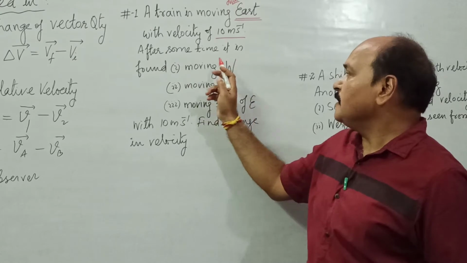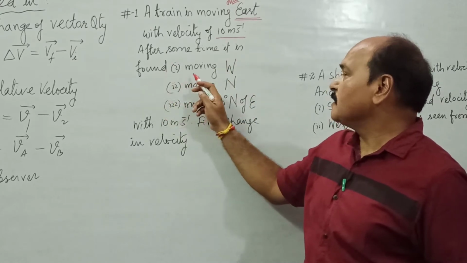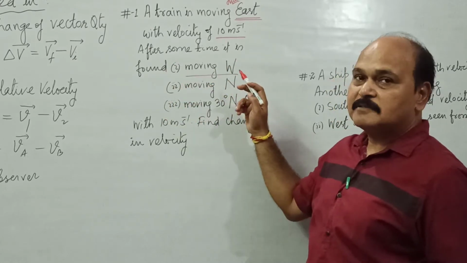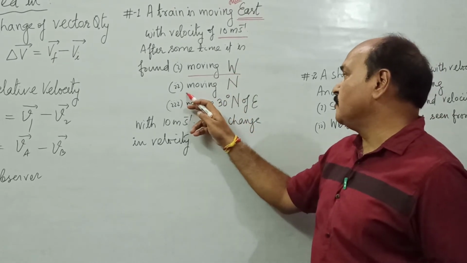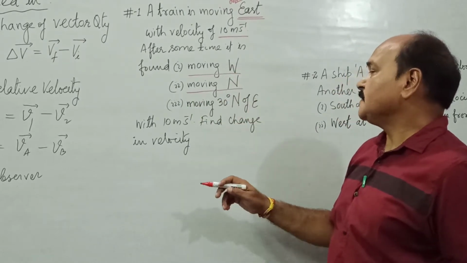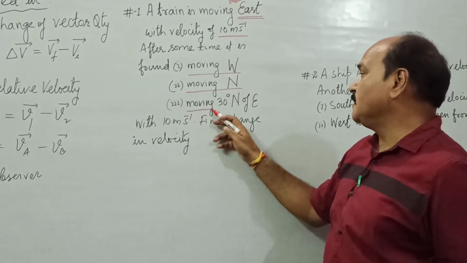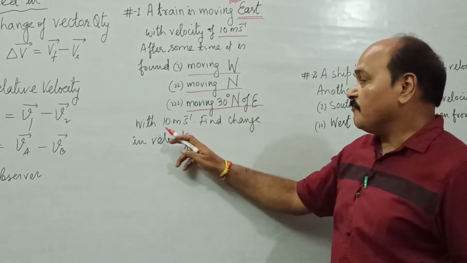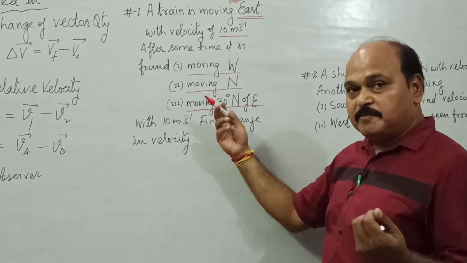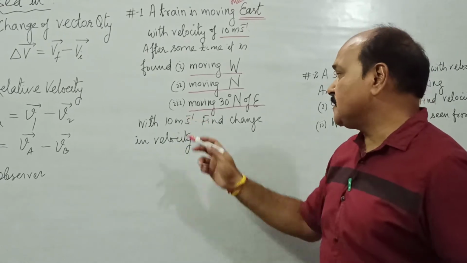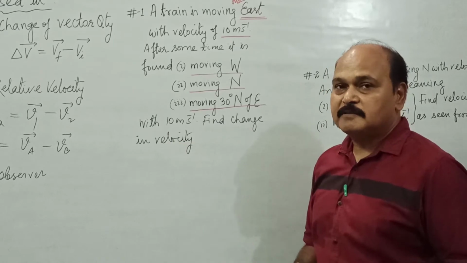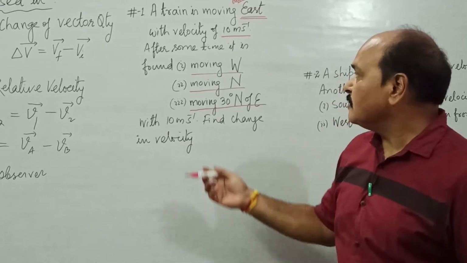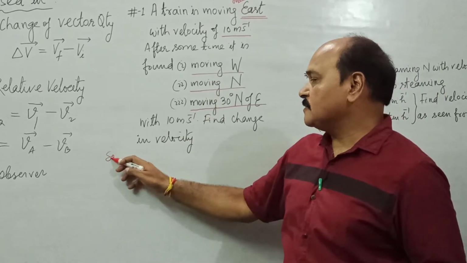After some time, it is found moving west. That is situation 1. It is found moving due north, and it is found moving 30 degrees north of east with the same speed, that is 10 meter per second. Find the change in velocity. So let us work out the solution of all these three parts.